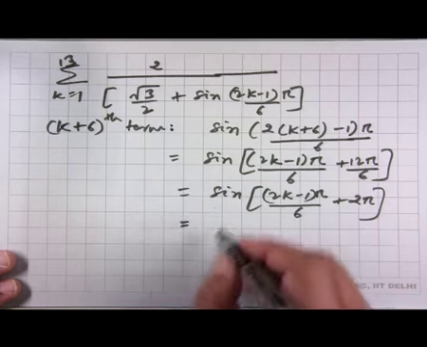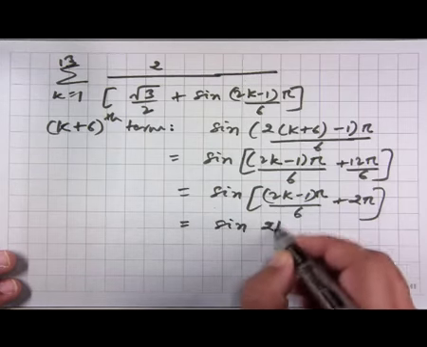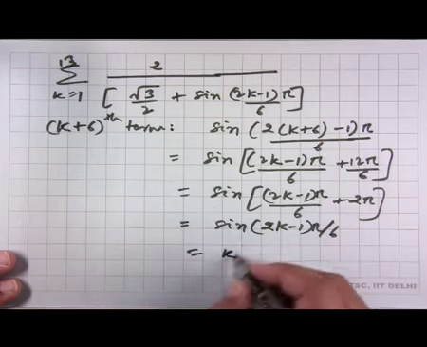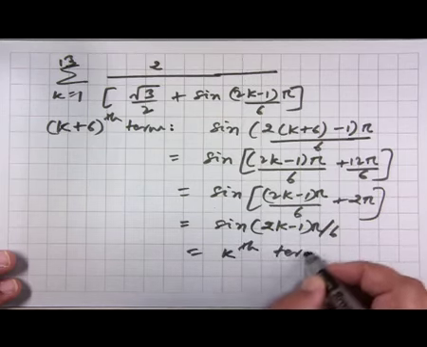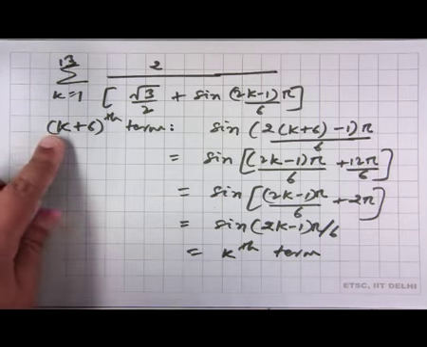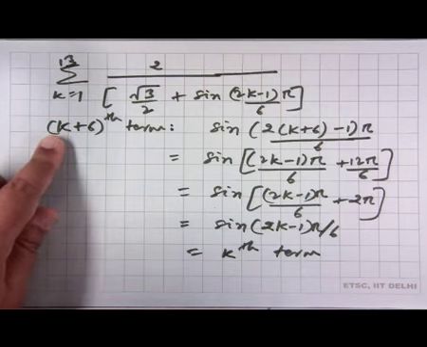So, this is equal to sin((2k − 1)π/6), which is nothing but the kth term.